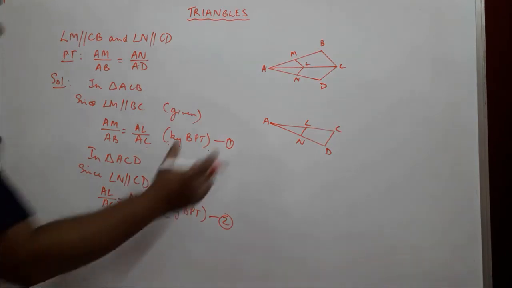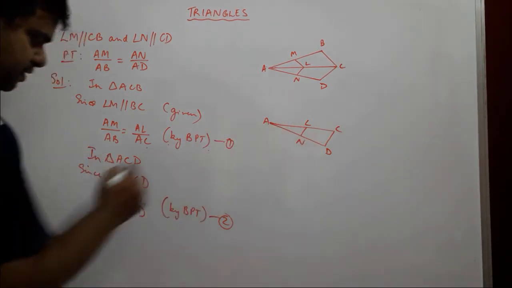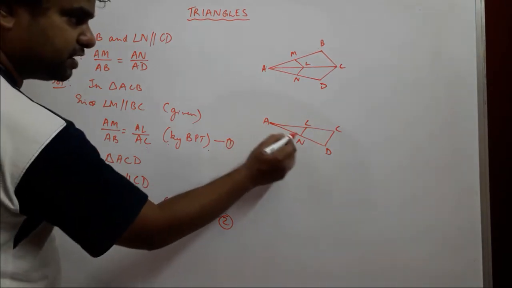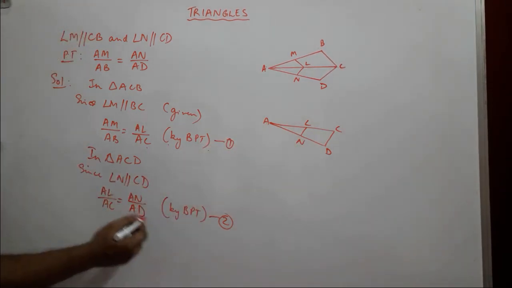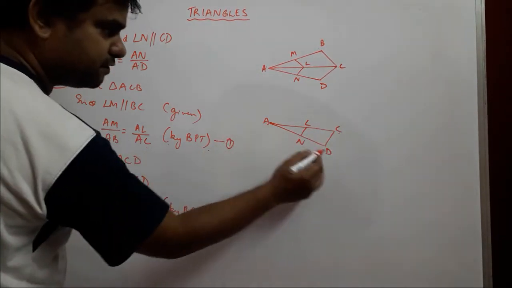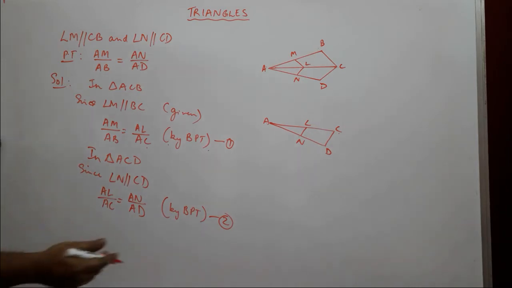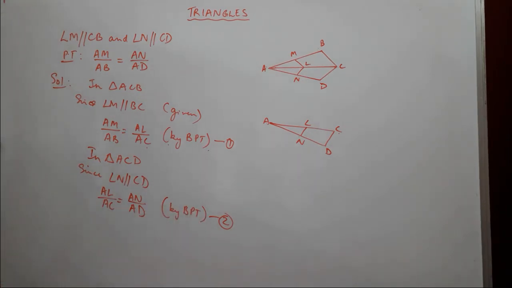So once again over here we have taken them in the same ratios. If we have taken AL, we have corresponded that with AN over here, and if we have taken AC, then we have corresponded that with AD. So they are in the same ratio proportion, and that is by basic proportionality theorem.